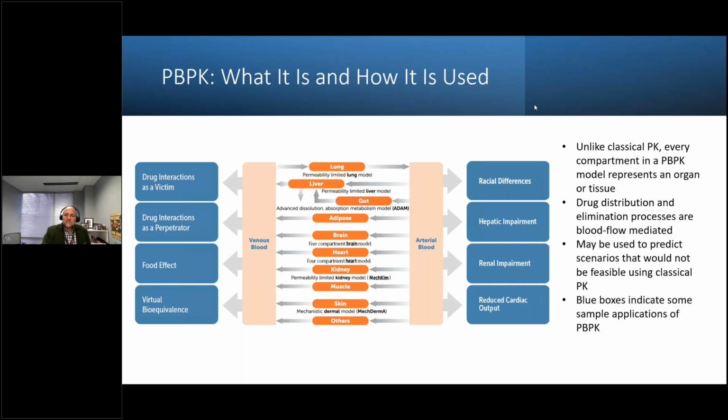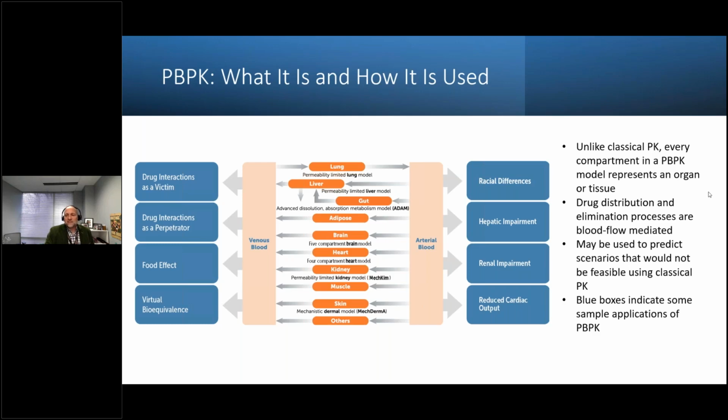So, one of the key distinguishing characteristics between physiologically based PK and classical PK, which has been around for quite some time: classical PK models tend to be focused on predicting systemic exposure to a drug, so the exposure in the bloodstream. There are other compartments often in classical PK, but they don't necessarily have a direct physiological interpretation in terms of an organ or tissue group.